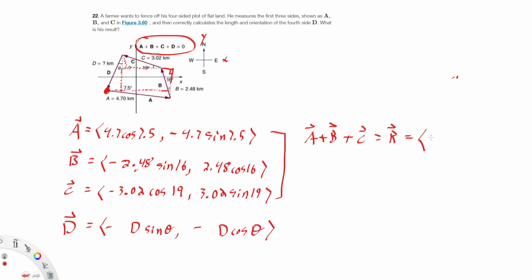So I get something like 1.12. Let me double check that. That doesn't seem right.